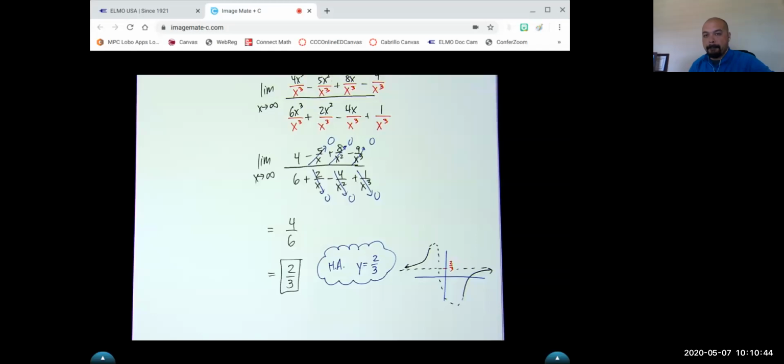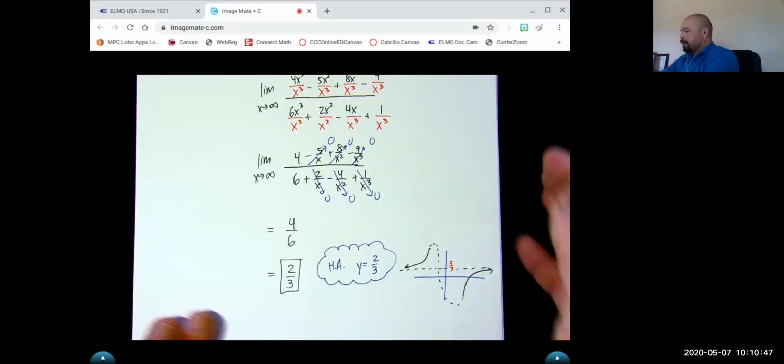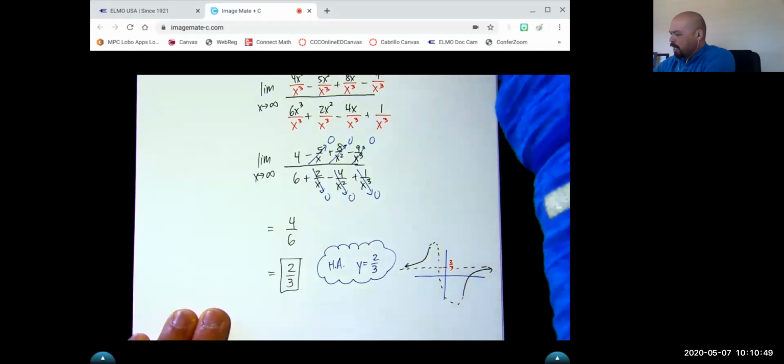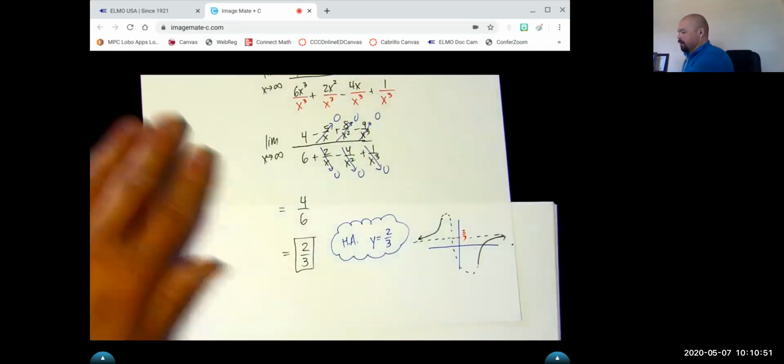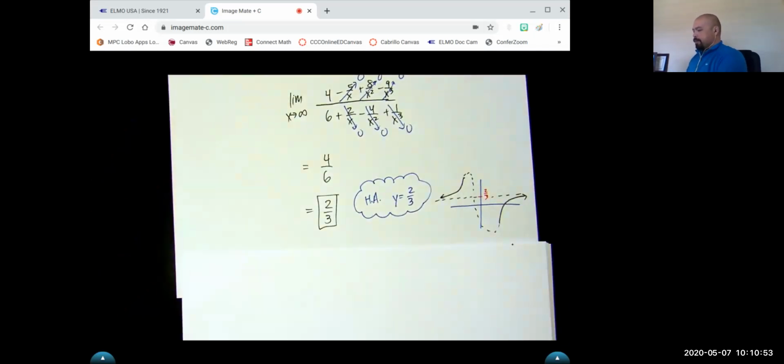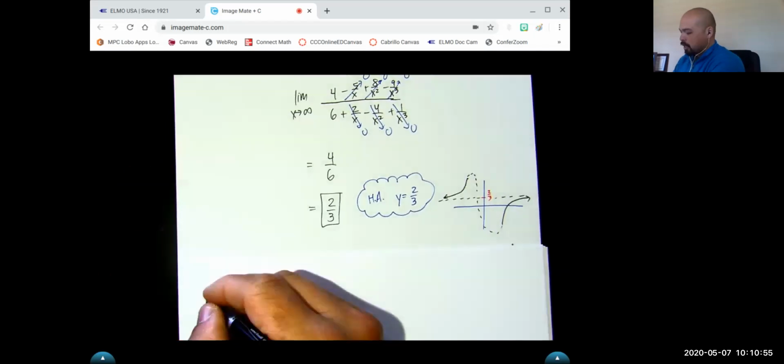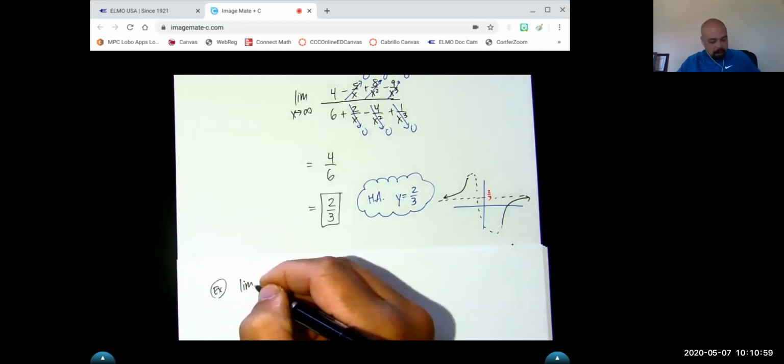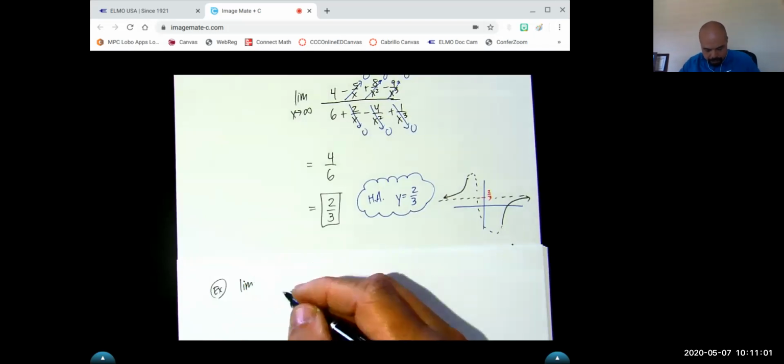All right, so now we got to that work, but then what comes up is, what if, in this next example, I want to take this limit? I'll borrow this one from the book.